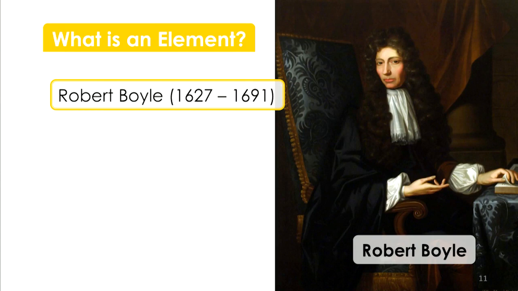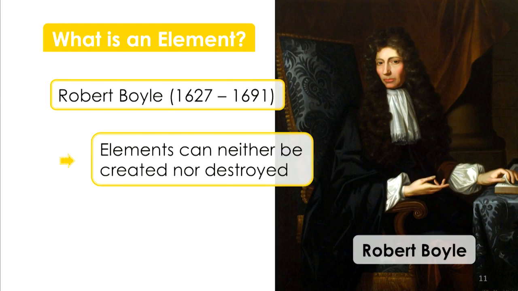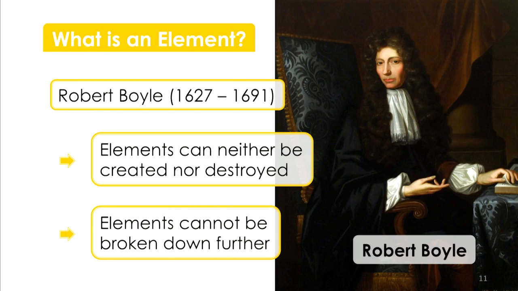Boyle's proposal was that elements are substances that can neither be created nor destroyed. And we'll see this concept that elements cannot be destroyed as very important in forensic science. He also said elements are substances that cannot be broken down into simpler materials. So they are the basic building blocks for all the materials that are around us.